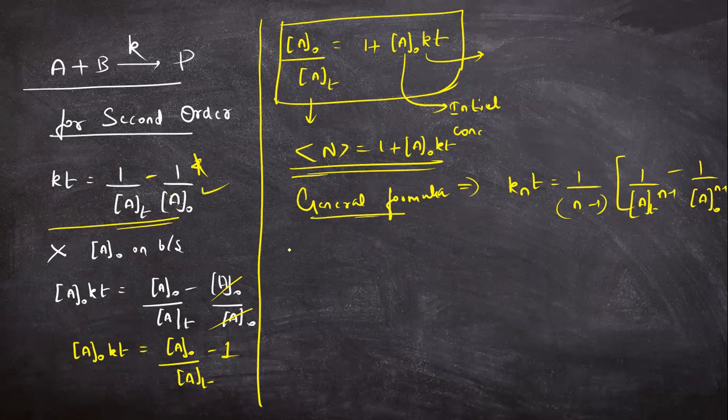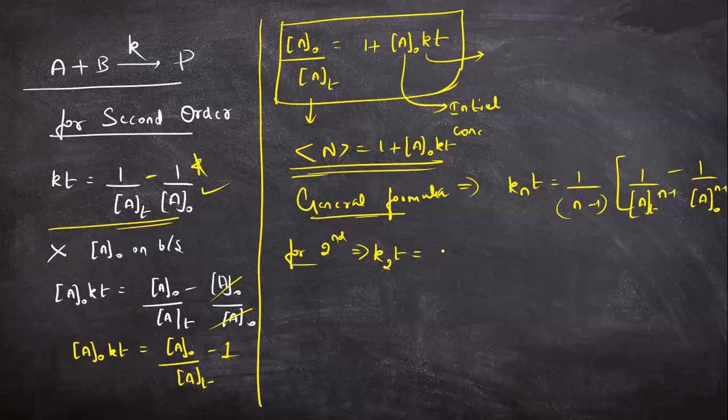Suppose for a second order reaction itself, where n is the order of the reaction. For a second order reaction it will be K2T, where K2 is the rate constant of the second order reaction.